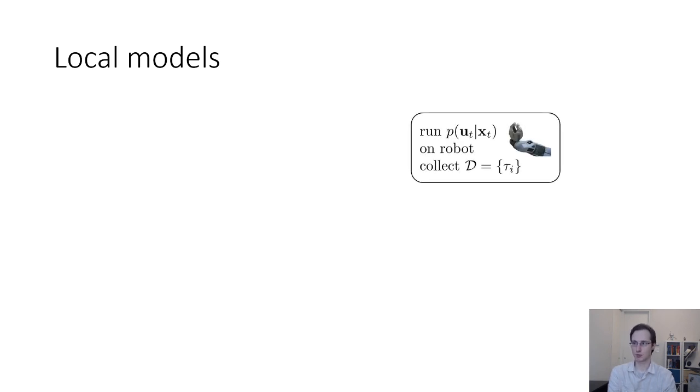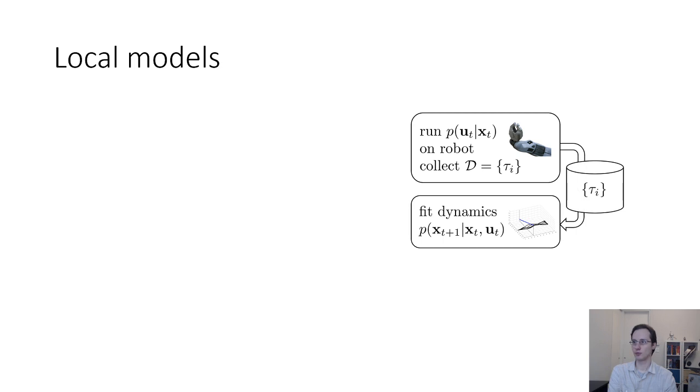So the recipe for this procedure would be something like this. You have your current controller that you obtained from LQR, so you somehow use the LQR big K and little k matrices to construct a controller or local policy, p(u|x). And I've switched to u and x because that's what I used in the LQR lecture. You roll out some trajectories and then use those trajectories to fit these local time-varying linear dynamics.